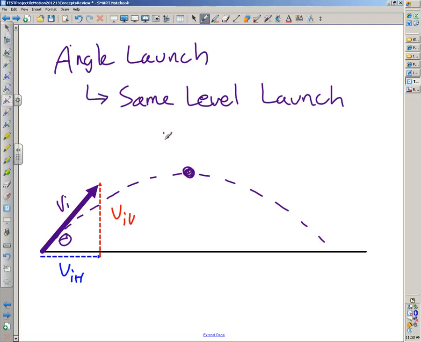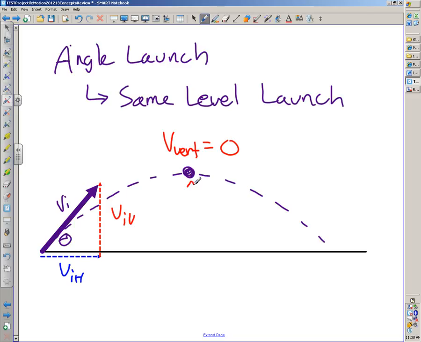The velocity vertical is equal to 0. What's true about that point right there? If the vertical velocity is 0, what does that do for us? That means what stopped happening? It stopped moving upward, right?